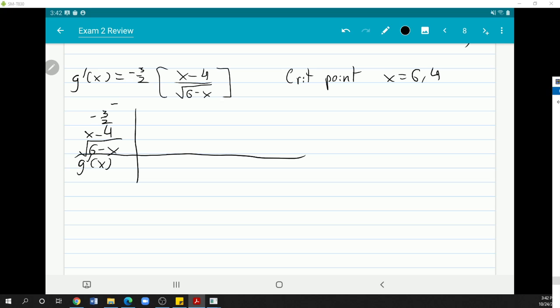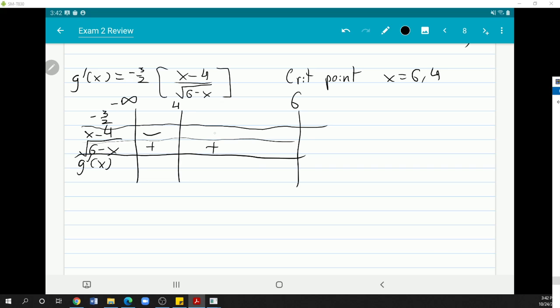What are my issues? Minus infinity, I can plug in any negative number I want, up to 4. And then I have a hard stop here at 6. But if I plug in, say, 0, well, that square root is always going to be positive anywhere it exists, because it's a square root and it's not 0. X minus 4, if I plug in something smaller than 4, is negative. If I plug in something bigger, it's positive.